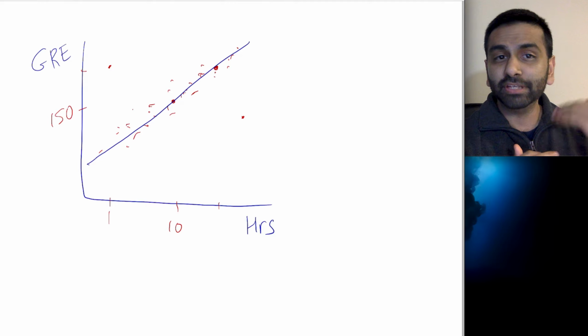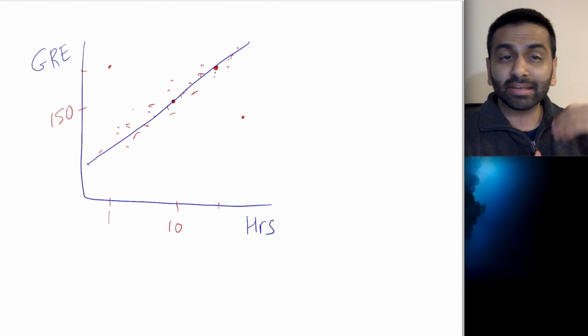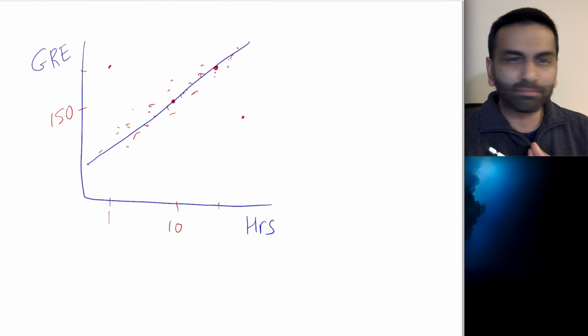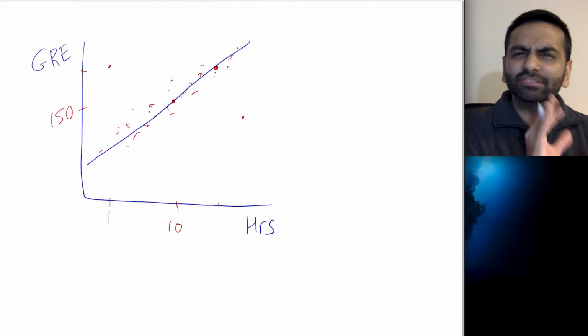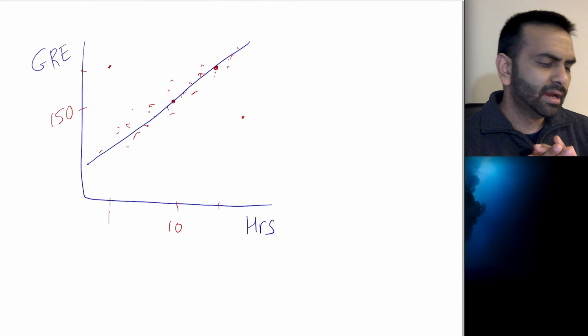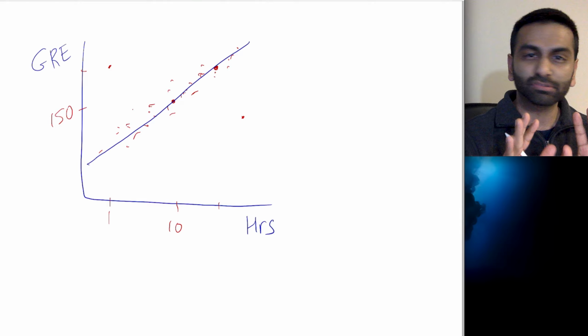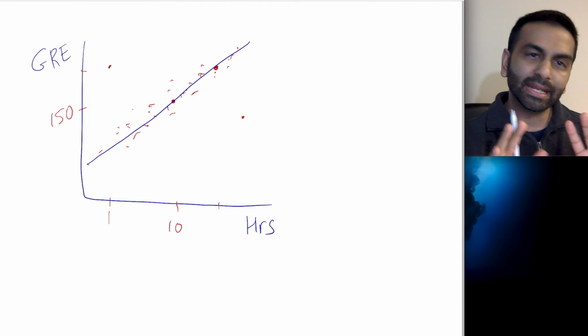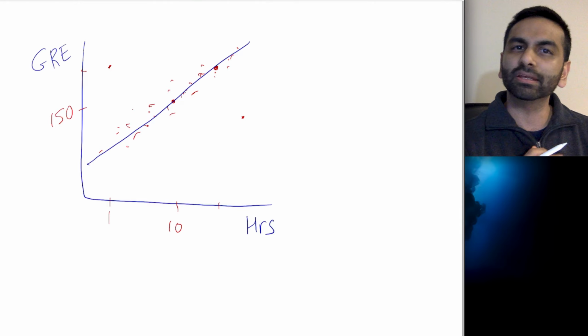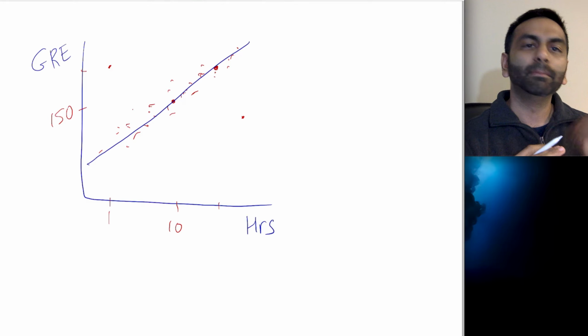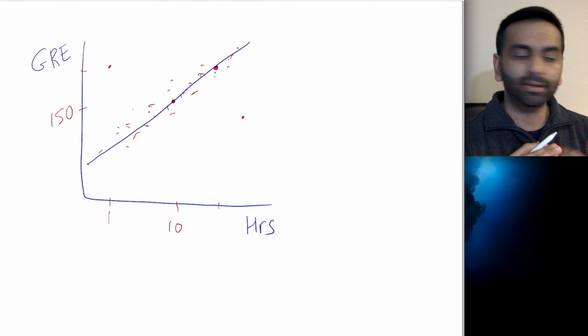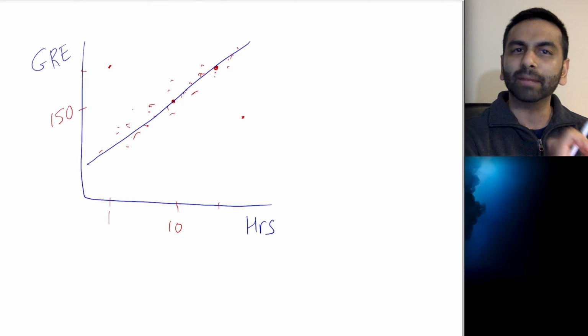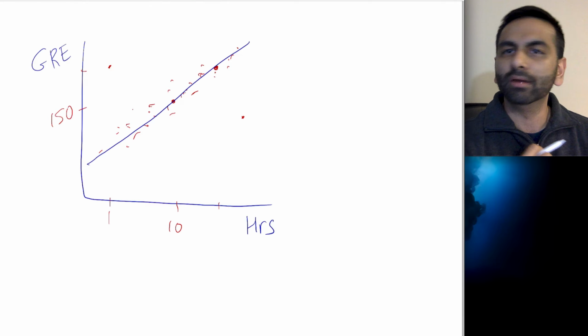Here's where the calculus and the crazy math comes in for minimizing the sum of squared errors. Thankfully, for the most part, you don't have to worry about any of that in order to understand conceptually what's going on here. But there's a lot of math that goes into determining how exactly we should determine what that line is.